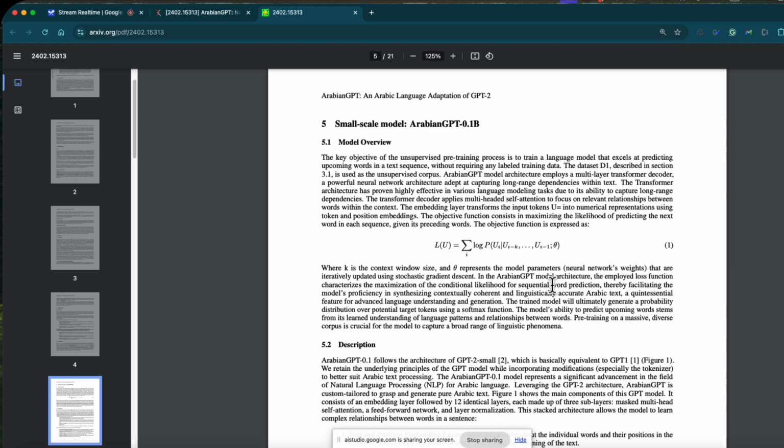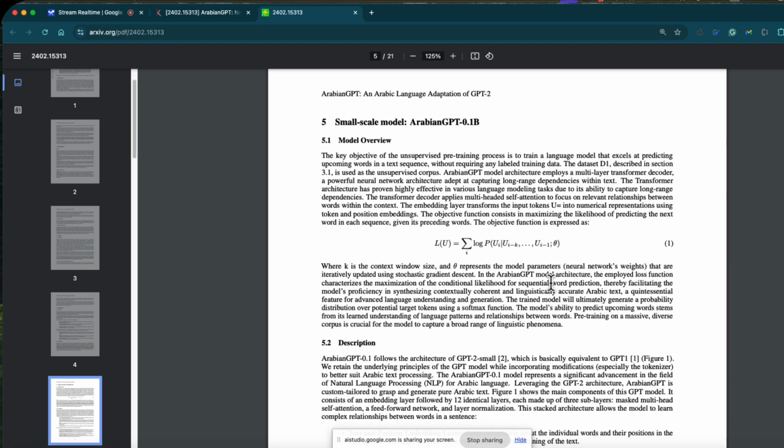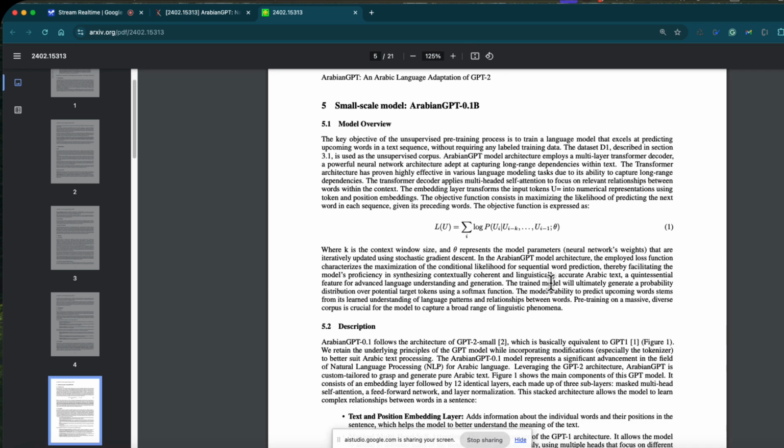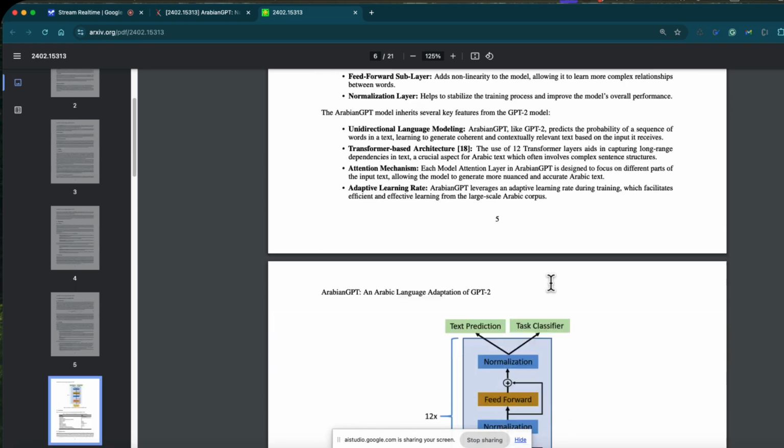That probability is P of u_i, given u_1 through u_{i-1}, and then theta. The probability of the words is defined as the conditional probability of the word u_i, given the preceding words u_1 to u_{i-1}, parameterized by theta. In simple words, it's adding up the log probabilities of predicting each word given the words that came before it. This sum is what the model tries to maximize during training. Is that helpful? It makes sense, okay.